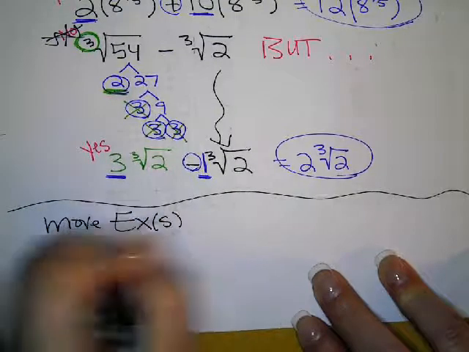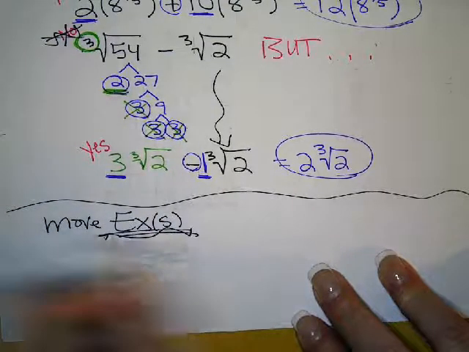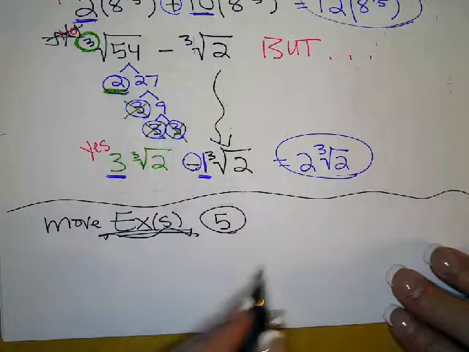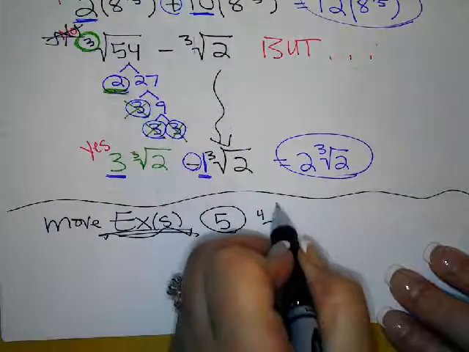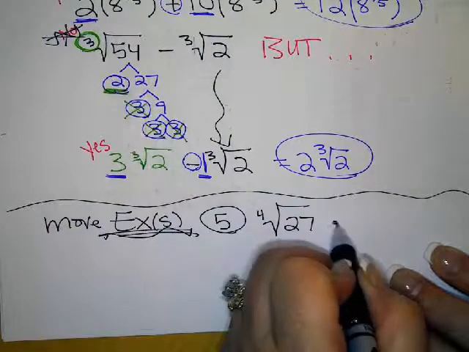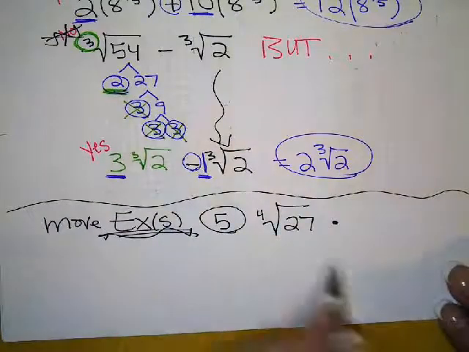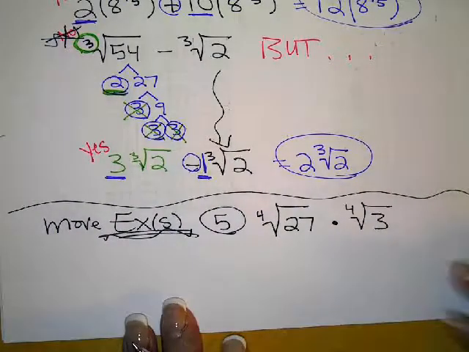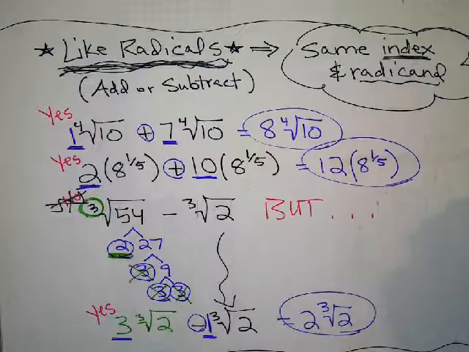And 5 says we have a 4th root of 27 times. Now, I know you're going to say they're not alike, so we can't do anything. Multiplying is different. All of these problems up here that we were talking about, these like radicals, tied into the add or subtract for the most part, okay?